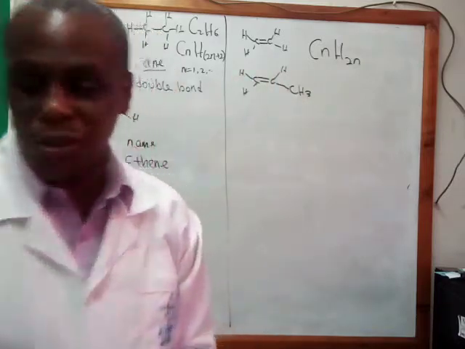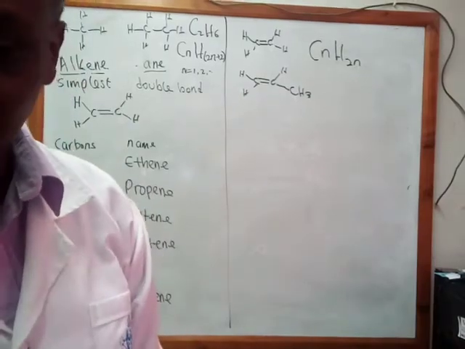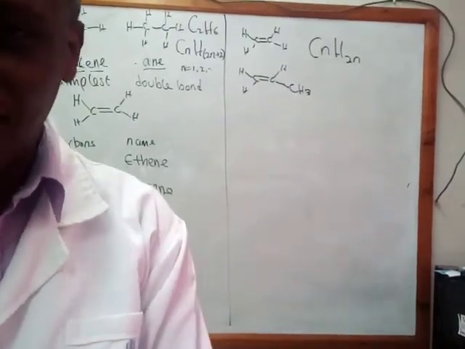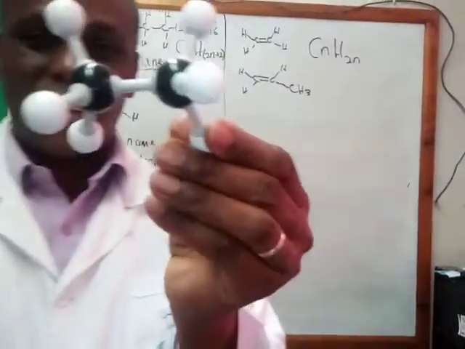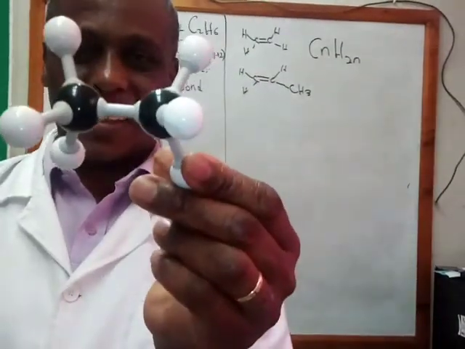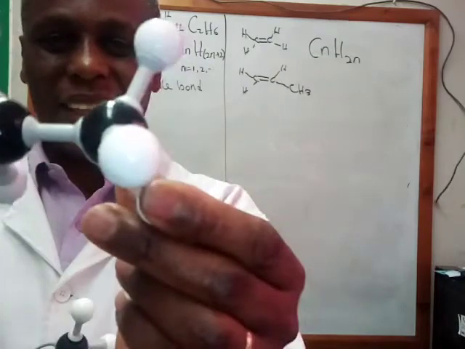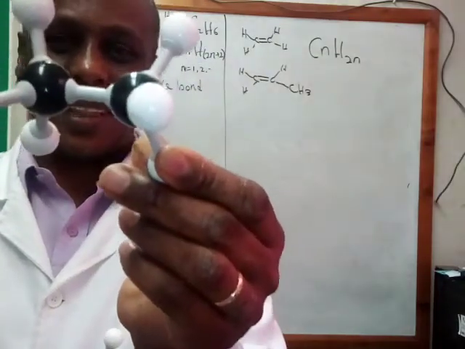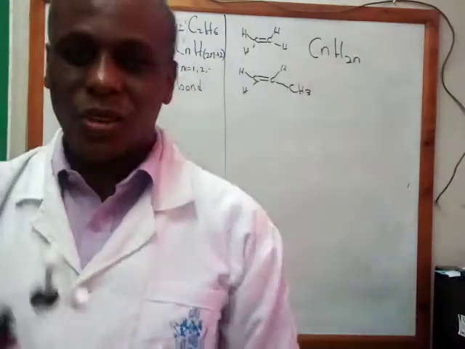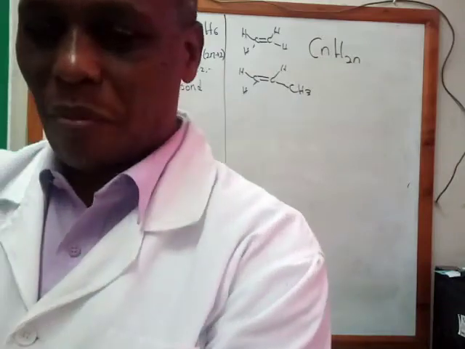So there's something I need to show you. Look at this one. This is ethene. That's an alkene, yeah? So let us look at ethene. Carbon double bond.